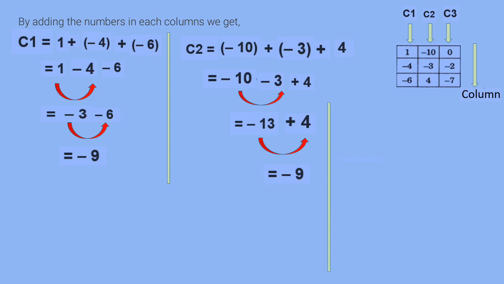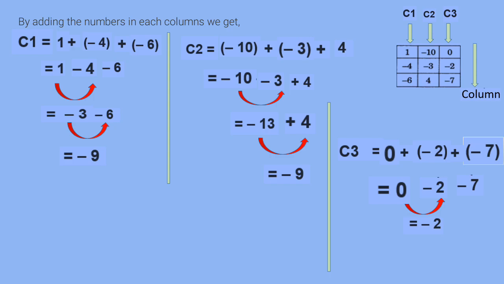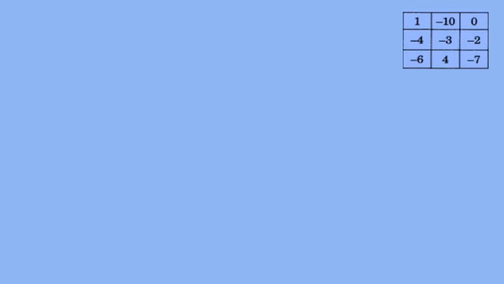Next for column 3, C3 is equal to 0 minus 2 minus 7. In between I will put a plus sign because I am going to add these numbers. 0 minus 2 minus 2 minus 7. The answer is minus 9. Now I am going to add the two diagonals.